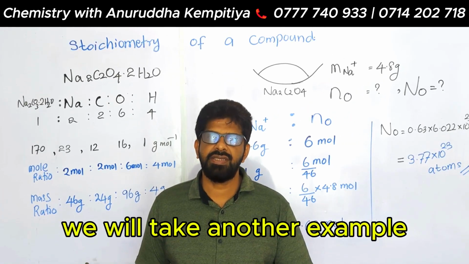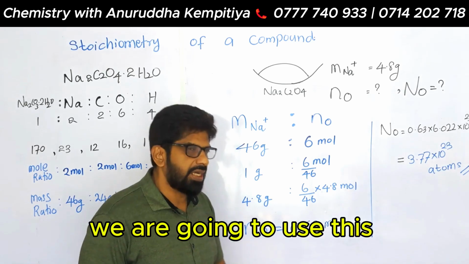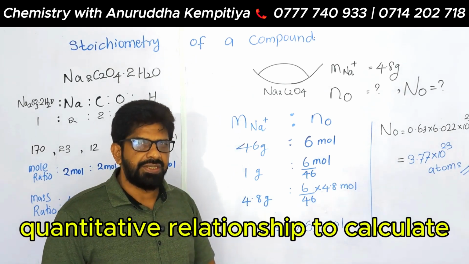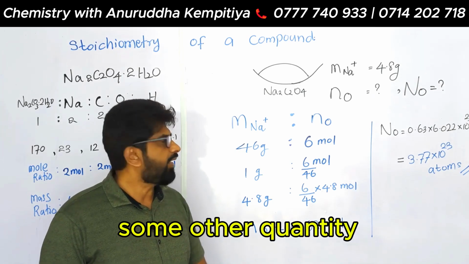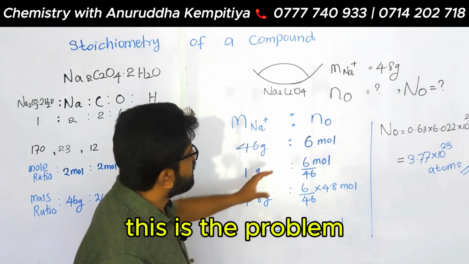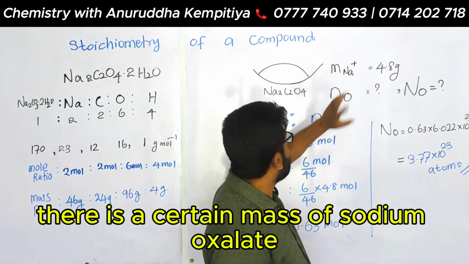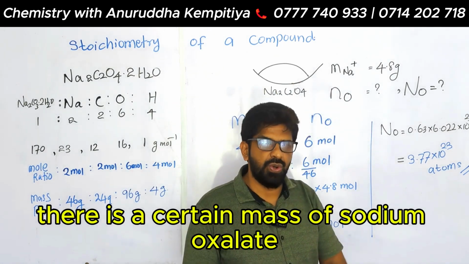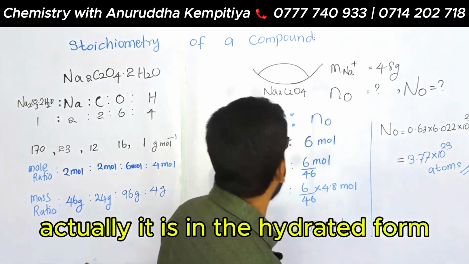We will take another example. We are going to use this quantitative relationship to calculate some other quantity. Here is the problem. There is a certain mass of sodium oxalate, actually in the hydrated form.